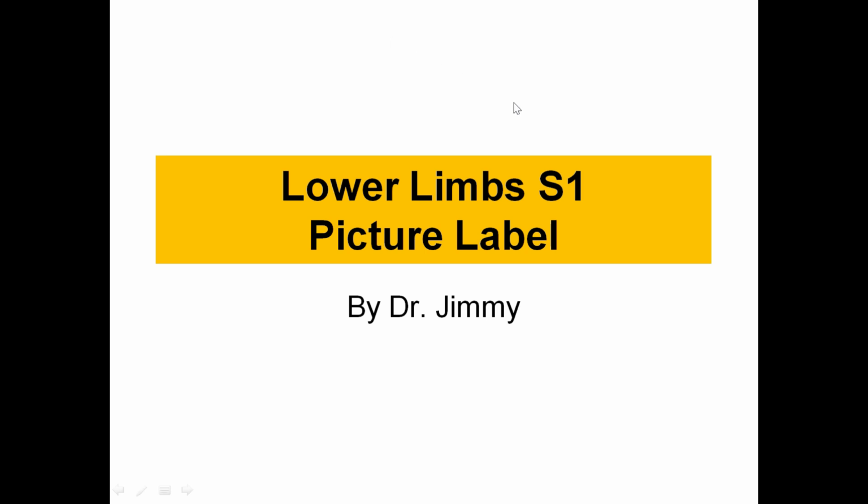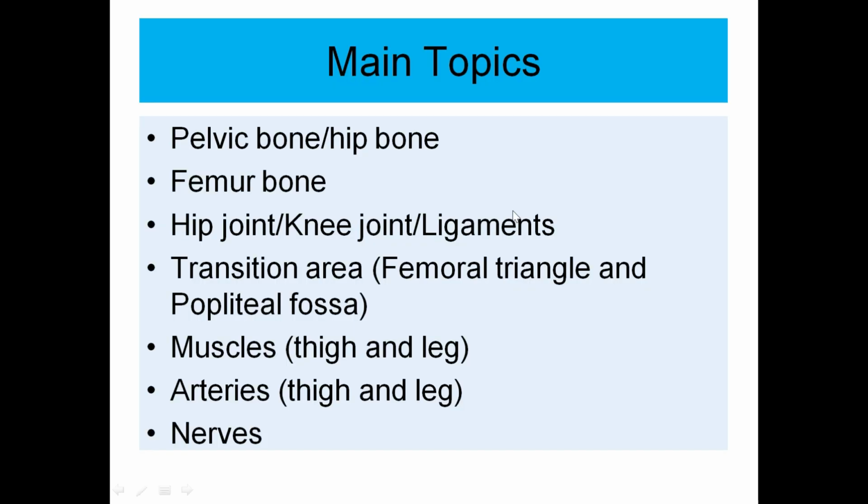Okay guys, today we're going to talk about the picture labeling of the lower limb for our test. We will not cover the complete lower limb, but some specific pictures, those that are required. So here are the main topics for today.